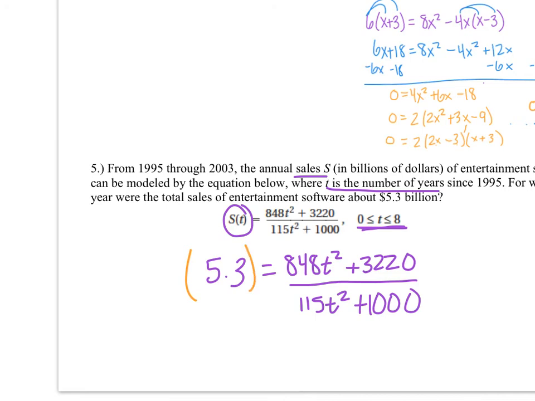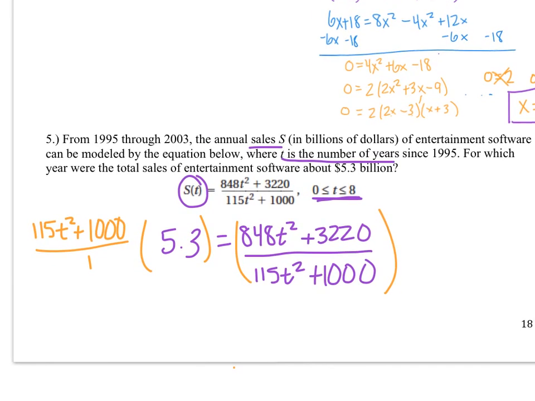So 115t squared plus 1,000 over 1, and then this whole side times 115t squared plus 1,000 over 1. What you do to one side, you have to do the other.